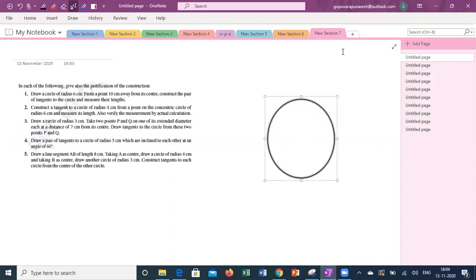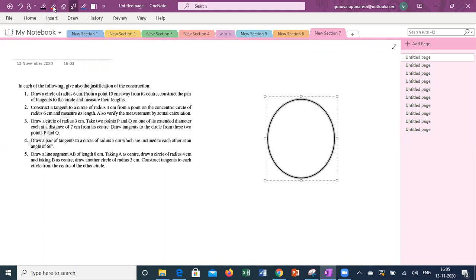Draw the tangents to the circle from these 2 points P and Q. How to draw? Niranjan, Sandhya, can anyone tell how to draw this one?